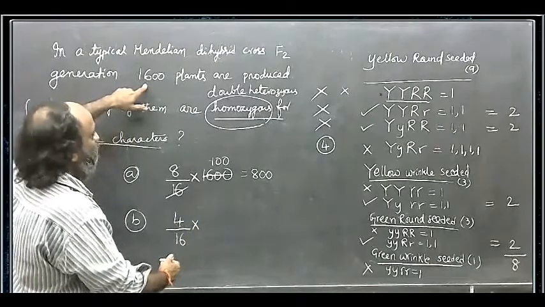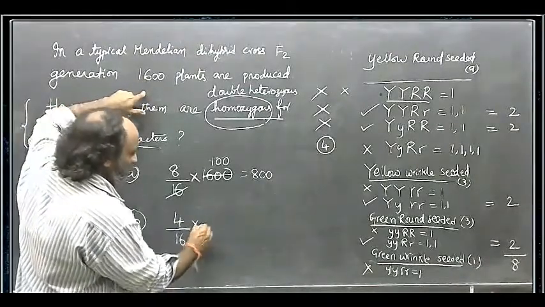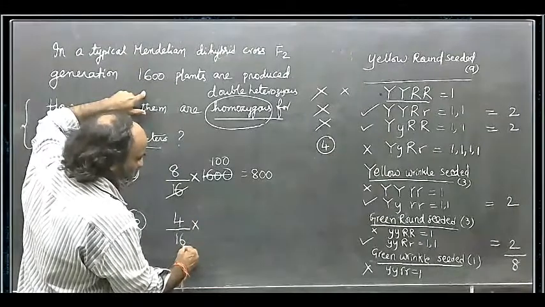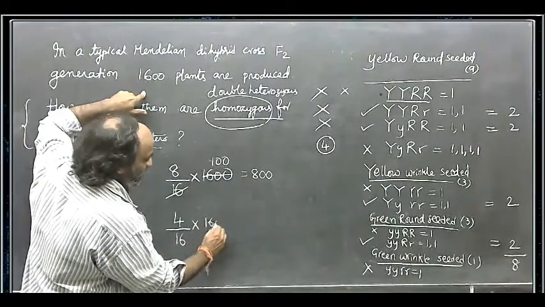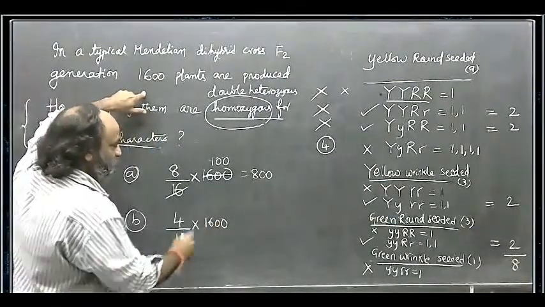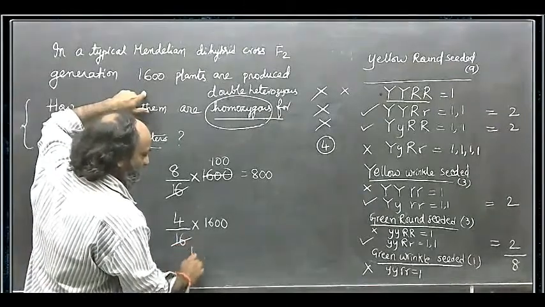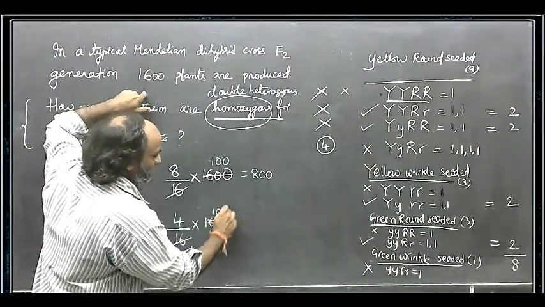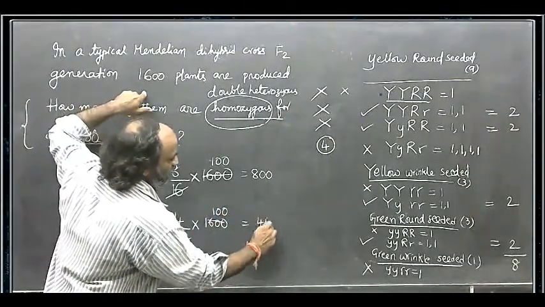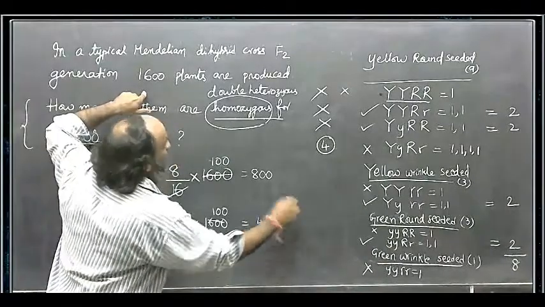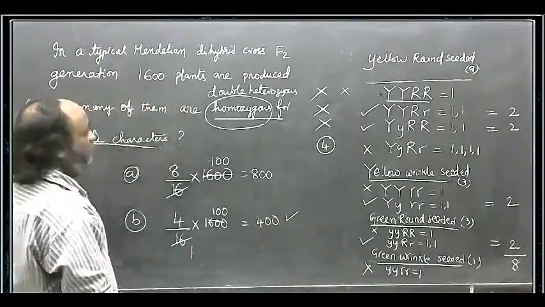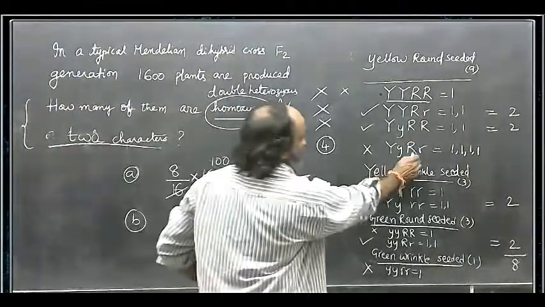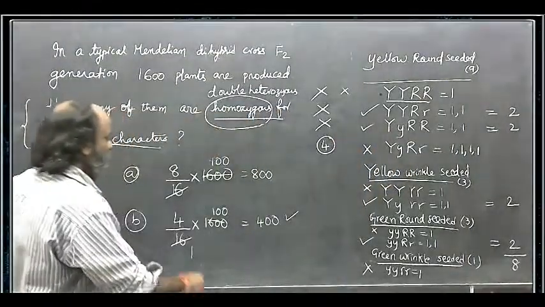There are 4 by 16 into 1600. It is 400. So 400 plants are double heterozygous for 2 characters.